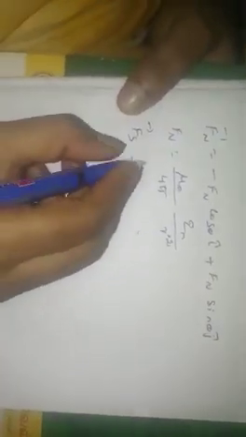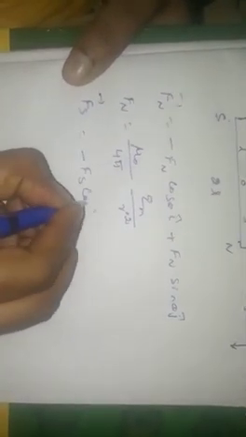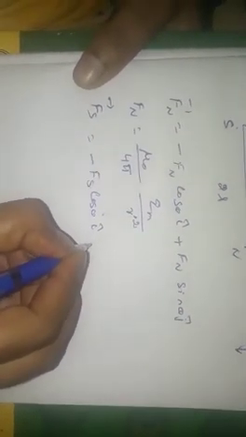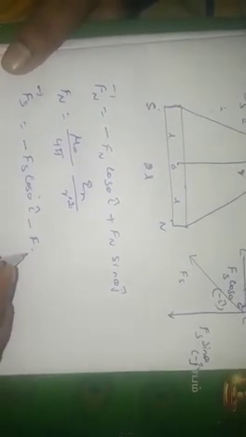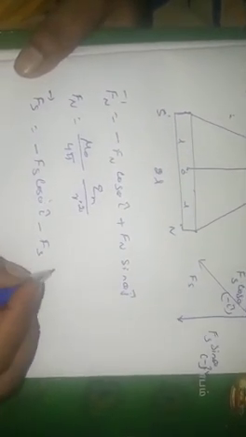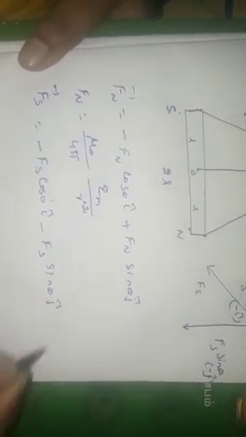So the attractive force Fs is equal to minus Fs cos theta i cap minus Fs sin theta j cap.